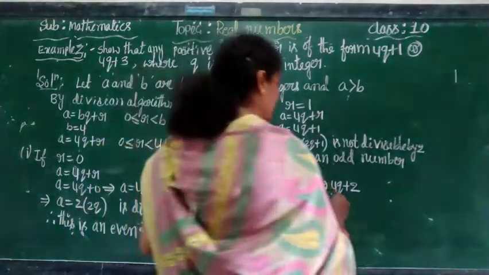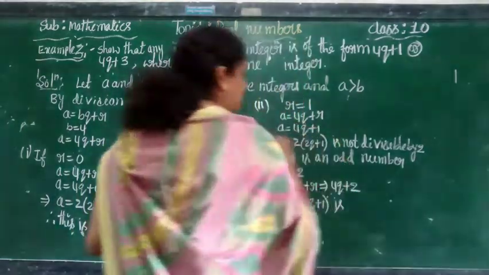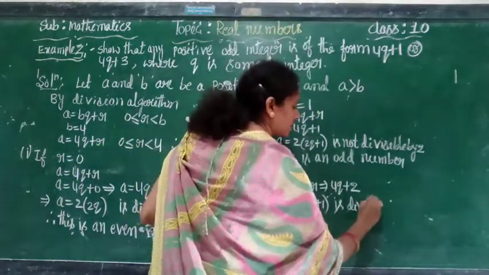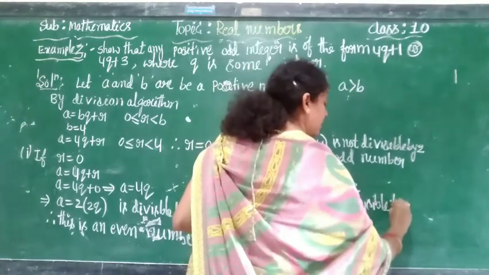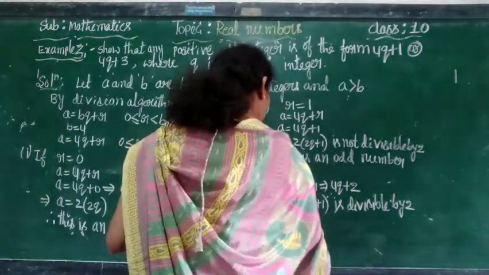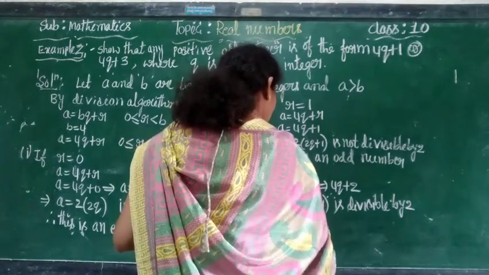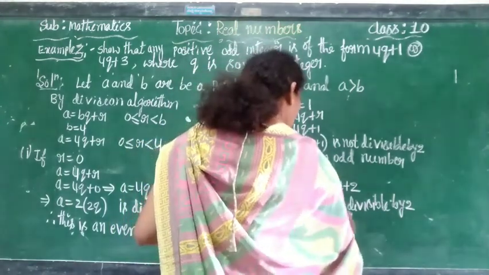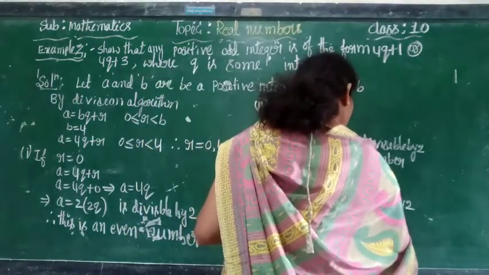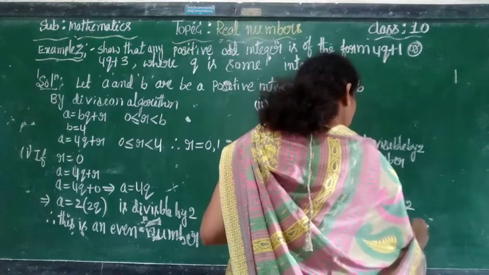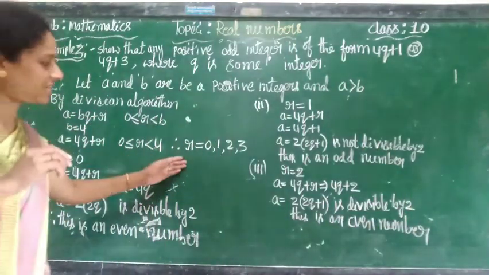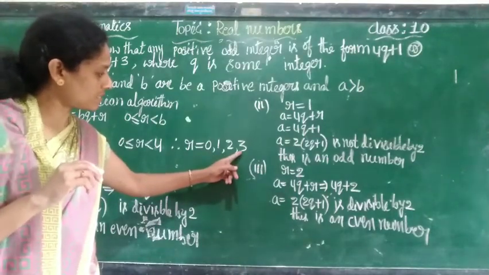So is it divisible by 2? So this is an what? Even number. Once again, later we try if r is equal to 3.